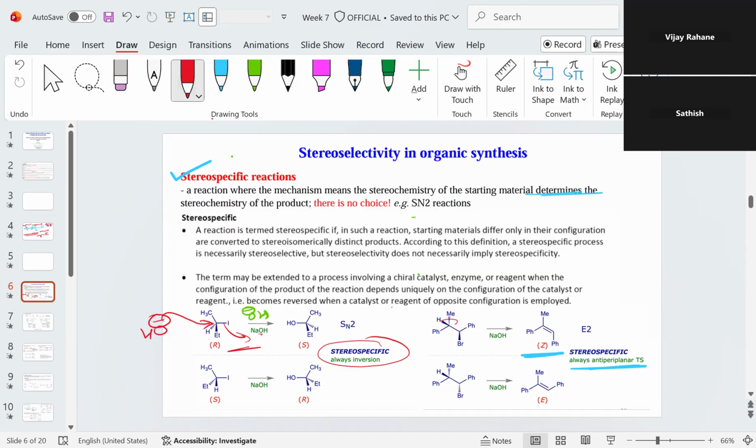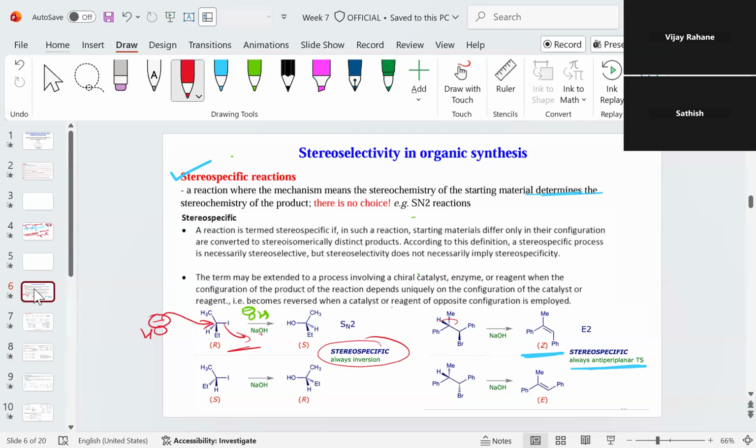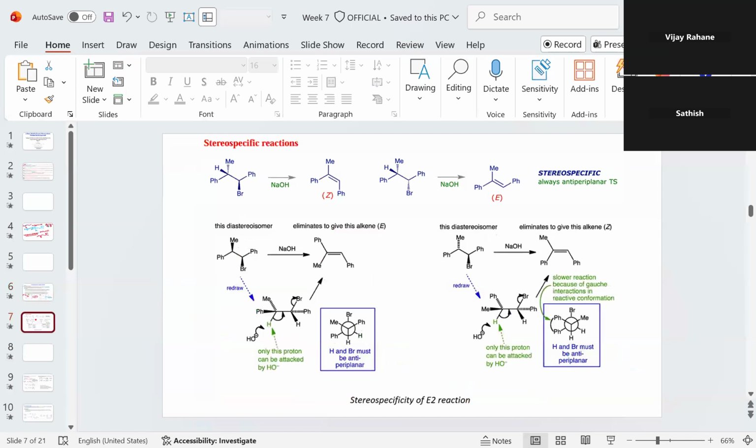But what about stereoselectivity? We'll cover the stereospecific examples first, and then we'll move to some stereoselective examples.